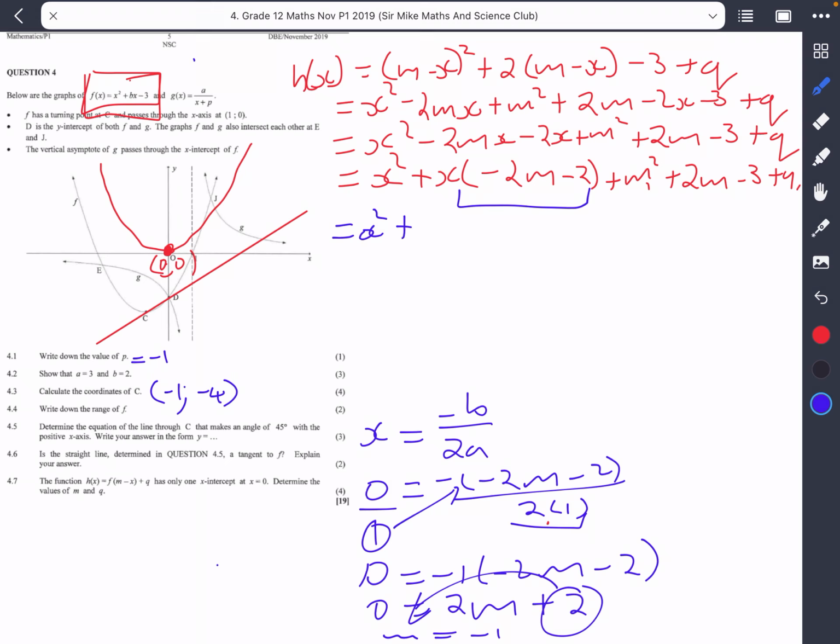So this will be plus x minus 2 minus 1 minus 2 plus negative 1 squared plus 2 negative 1. Seems like I'm going to run out of space. Minus 3 plus q, right?